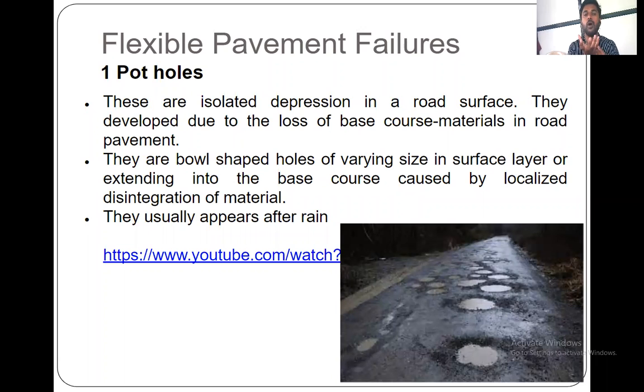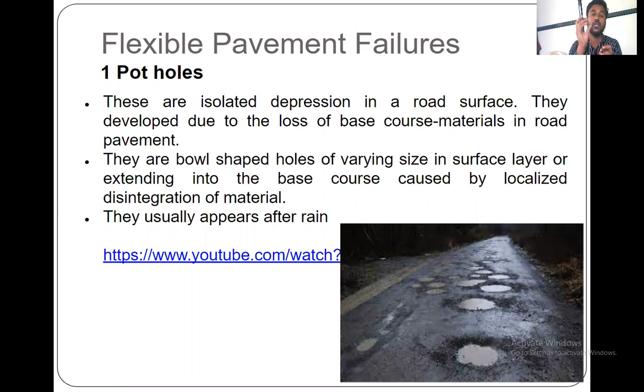They may be bowl-shaped holes of varying size, in the surface layers or extended into the base course, caused by localized disintegration of the material. They usually appear in the rainy season. These are the common failure types that happen after the rainy season.